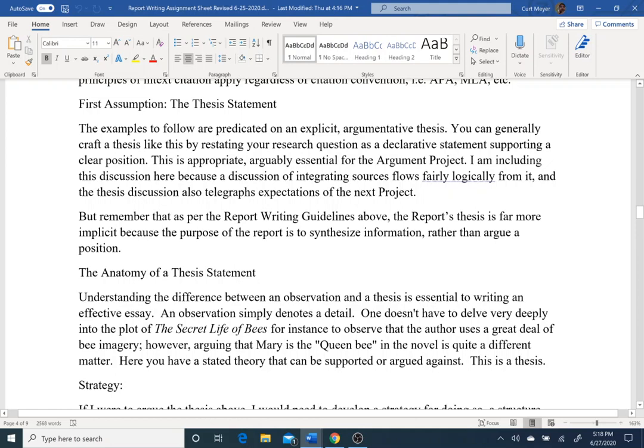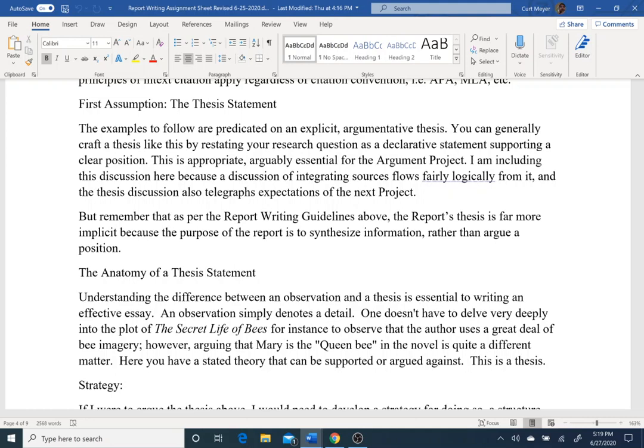So the examples below, particularly with a thesis statement, those are examples for an argumentative thesis, which is not really going to come into play for you all until the argument project. But I went ahead and included this here because it's an important concept for you to understand, and in 99.9% of your cases, you've already covered this in high school, 1301, in your history class, and so forth.